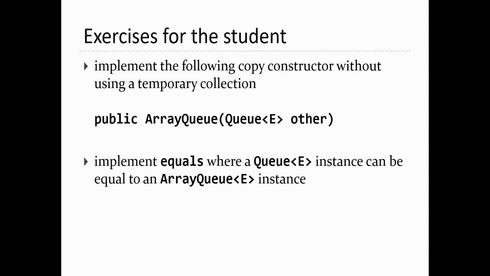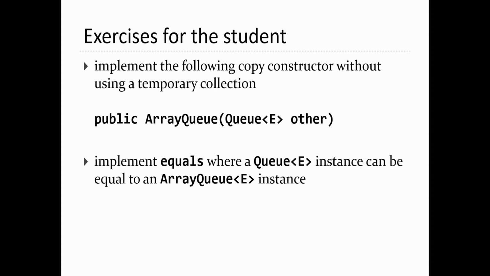What you have to remember in this question is that you can have two queues, and their arrays can look like the following. So A, B, C. I don't know why I wrote that in the wrong order. So there's front, there's back.